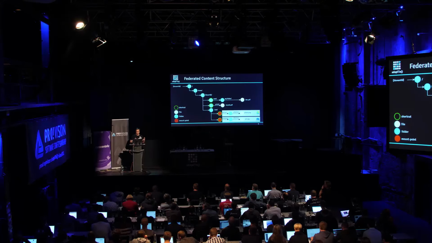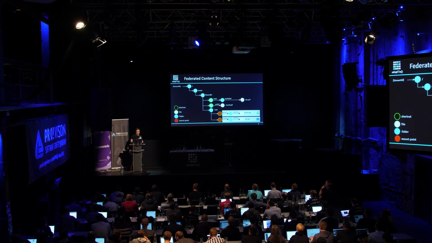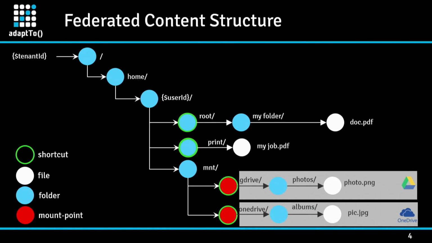A shortcut is pretty much a friendly name to access a node ID. In this diagram, you can notice there are doc.pdf and myjob.pdf. Those are considered internal federated content. So they are actually encrypted and stored at rest in S3 buckets.